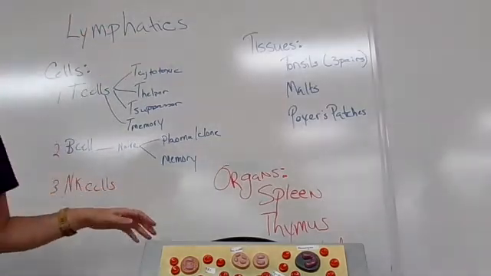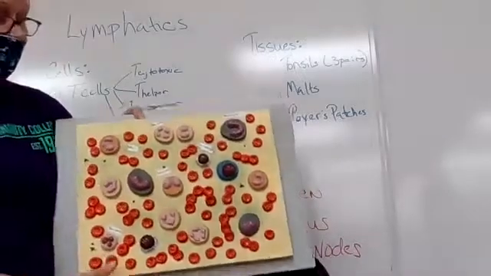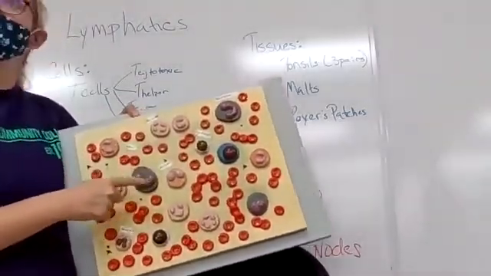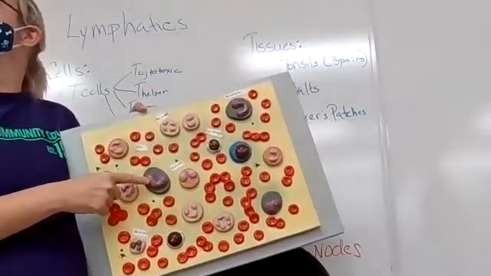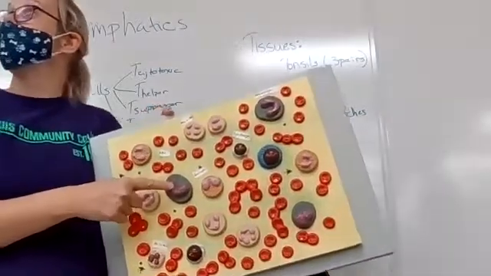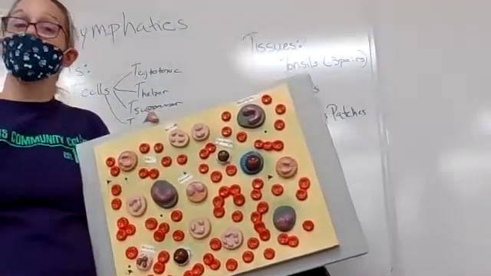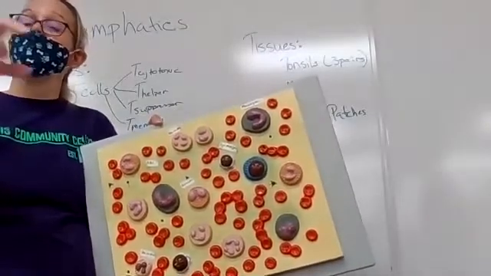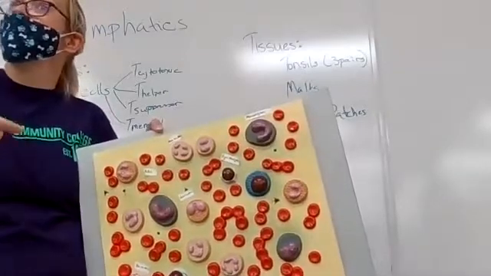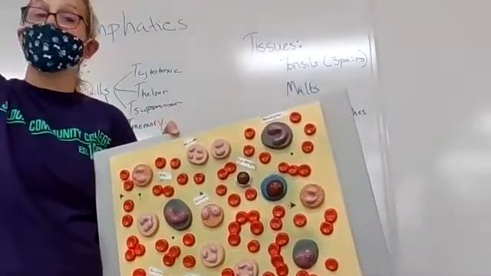Just to review again, because our white blood cells are part of the immune system, remember this big cell with the kidney bean shaped nucleus? That is your monocyte or your macrophage. That cell is one of your antigen presenting cells. Its job is to phagocytose, digest, pull some of the pieces and parts out, and present them to our T helper cells.